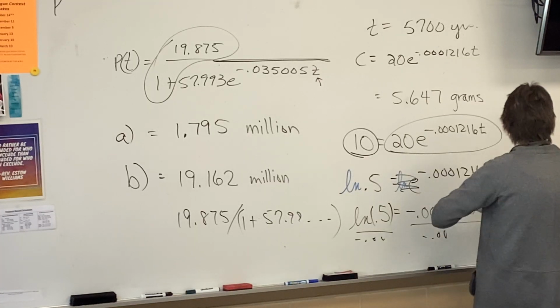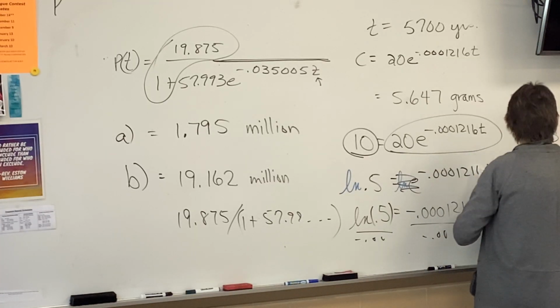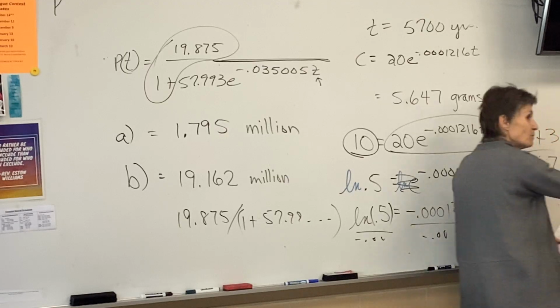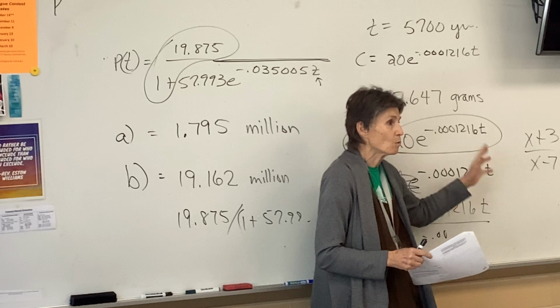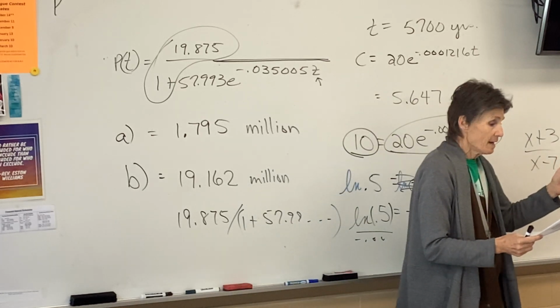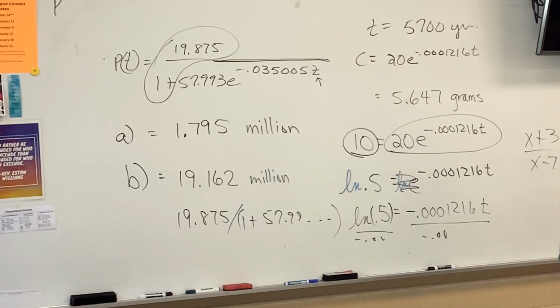It was this. Some of you missed that. That exact problem was on the test. Different numbers with the same format. Some of you missed it. Every single problem on that test, we did the day before. So when you're talking, messing around, you're missing opportunities. Okay? You're missing opportunities.